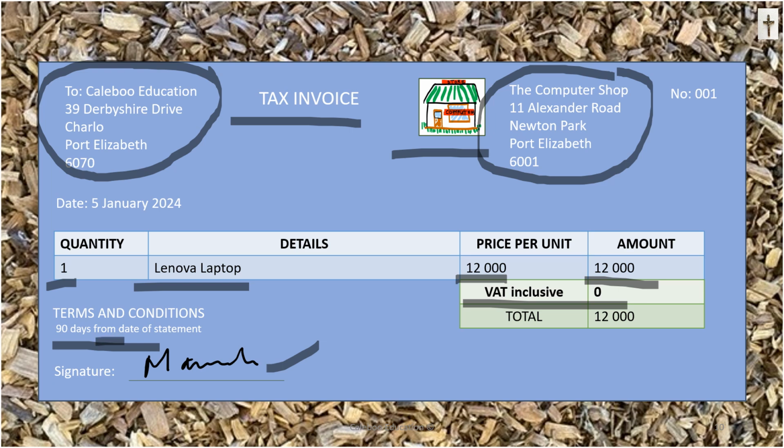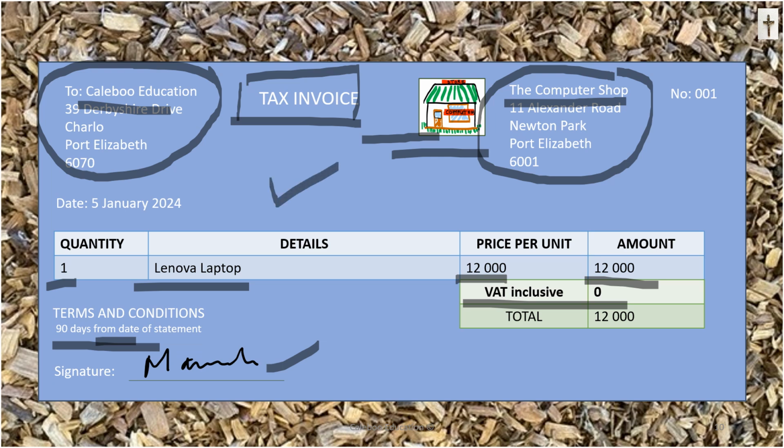This invoice needs to be paid within 90 days because Calibu Education has an account with the computer shop to buy computer items, printers, whatever Calibu Education needs, from their preferred supplier, and all transactions are documented.